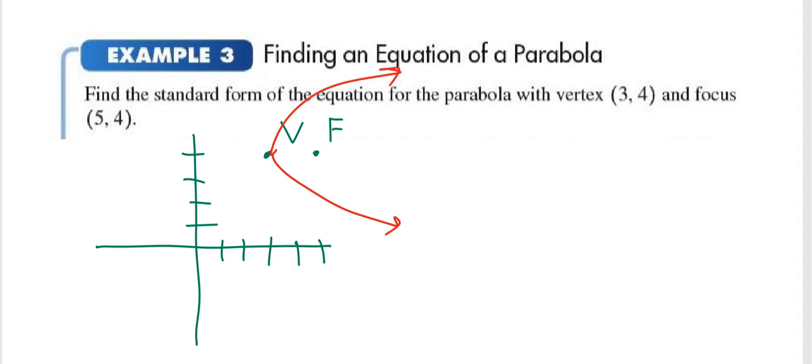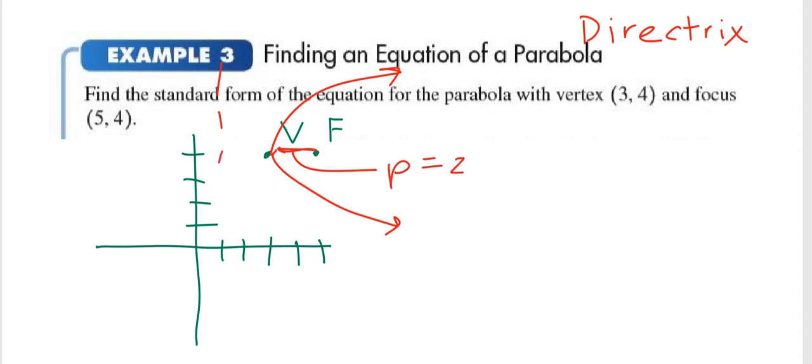Okay, so now where's the directrix? Just curious. If the distance here, which we call P, is 2, then I would step back 2 units to here for my directrix. Okay, what is that equation of that directrix? X equals 1.